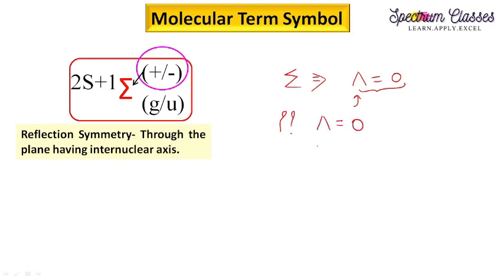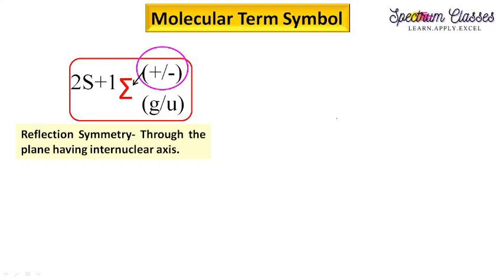Lambda can be 0 if the electron enters a sigma orbital, for which small lambda is equal to 0. If it is in sigma star, then again lambda is equal to 0. The other way is if we have electrons in the degenerate pi orbitals, pi plus 1 and pi minus 1, and one electron or paired electrons are in these two degenerate orbitals, then again lambda is equal to 0. These are the methods through which we get the sigma term.